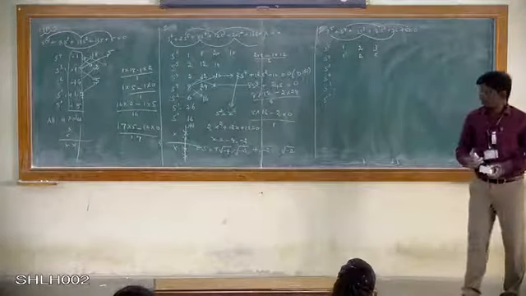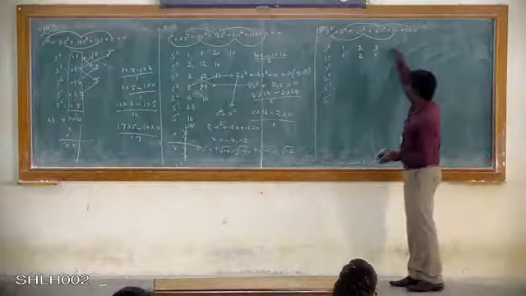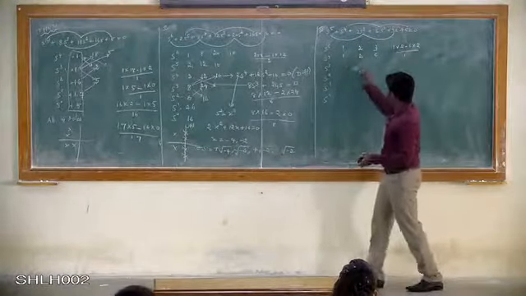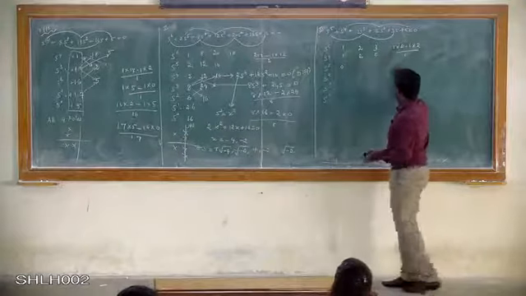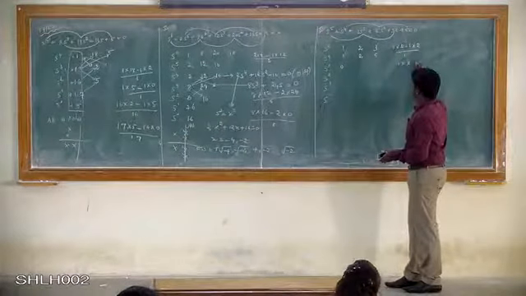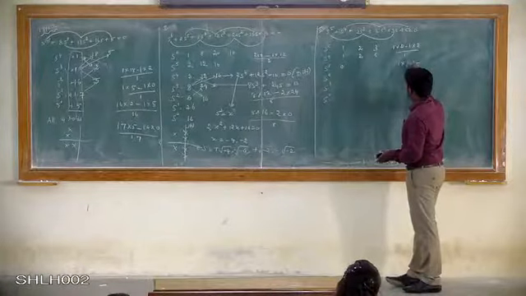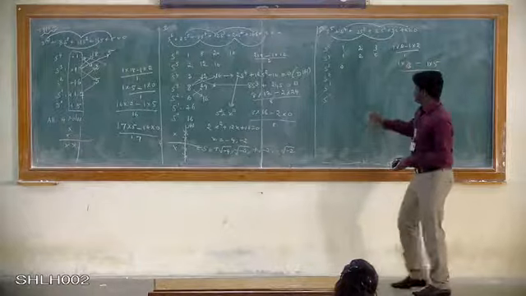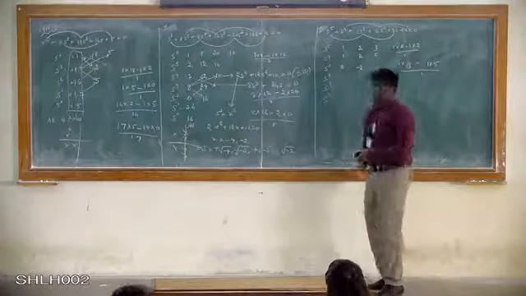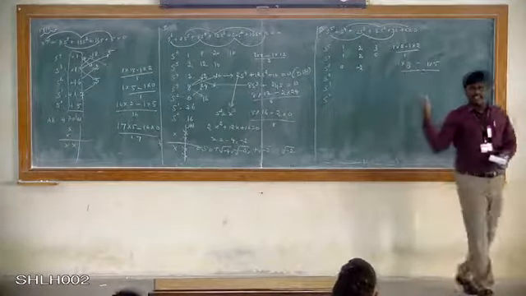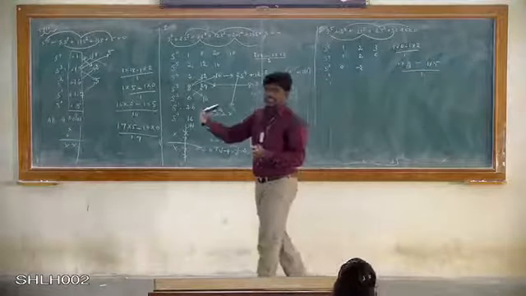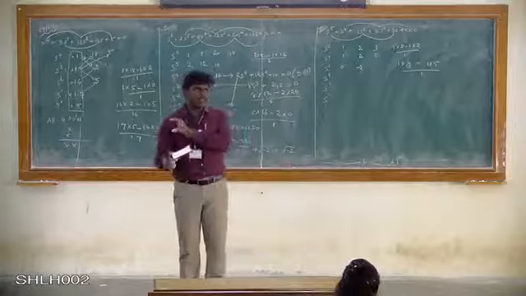Go on solving. We will have to multiply: 1 into 2 minus 1 into 2 divided by 1, it becomes 0. For the next value it is 1 into 3 minus 1 into 5 divided by 1, it is minus 2. Right? So in the previous type, a full row was 0, all the elements were 0.